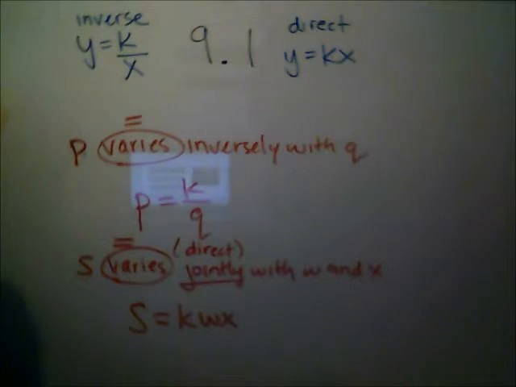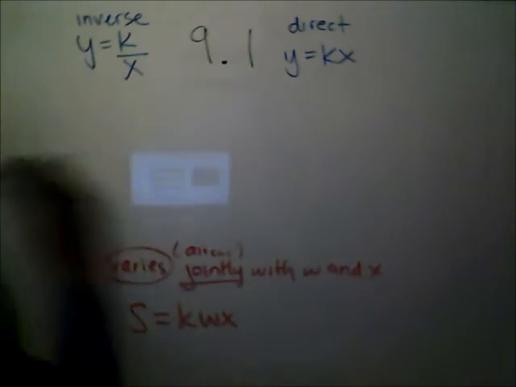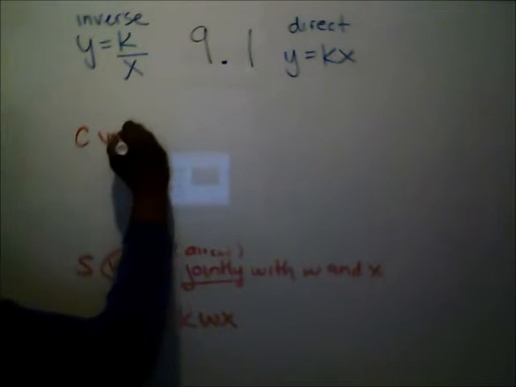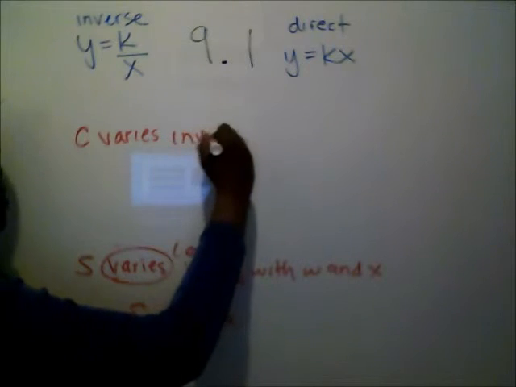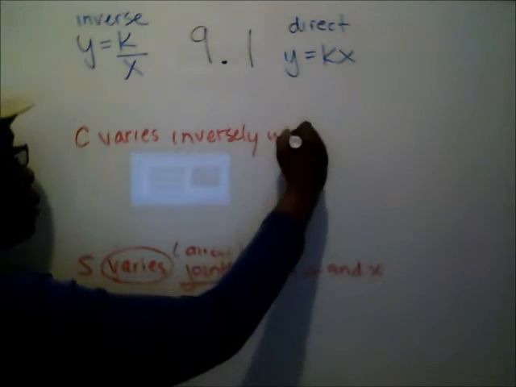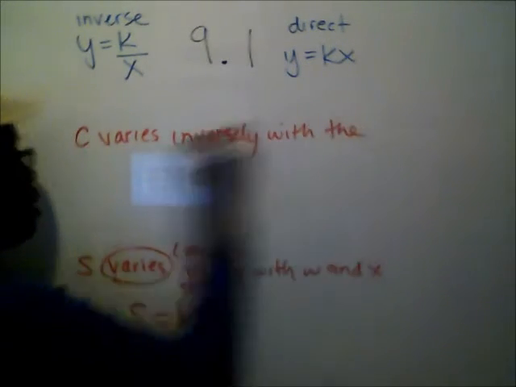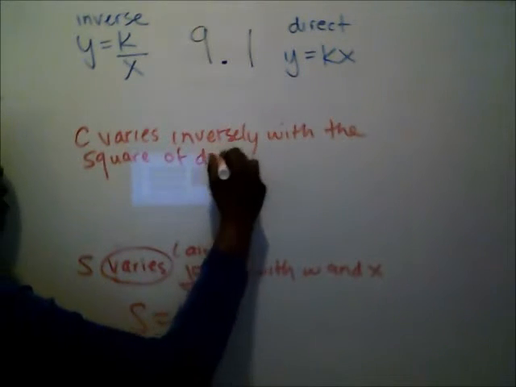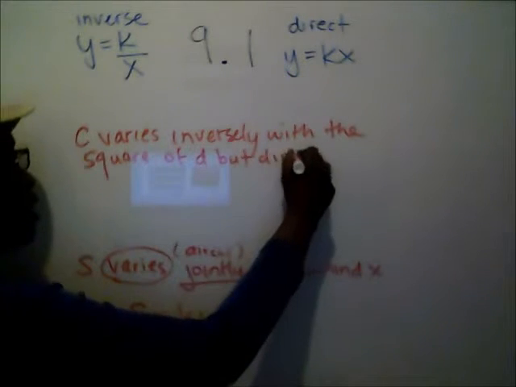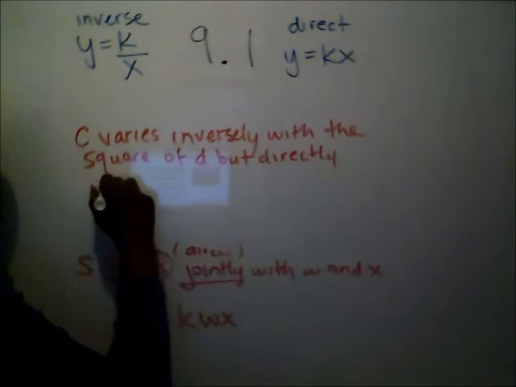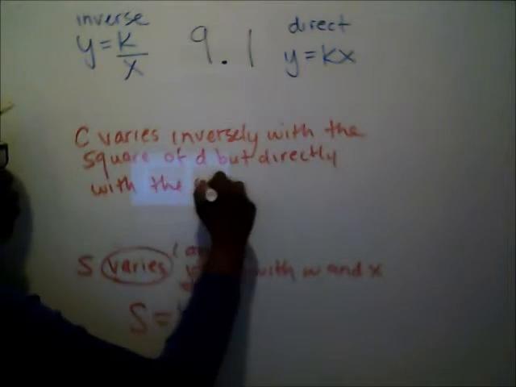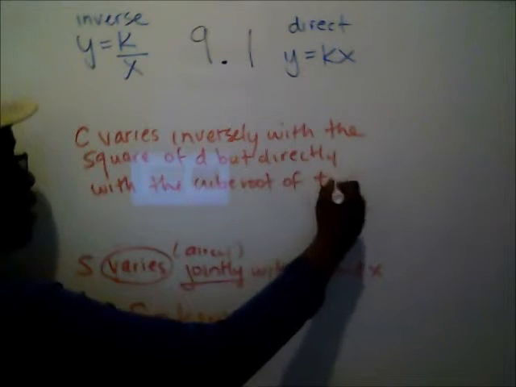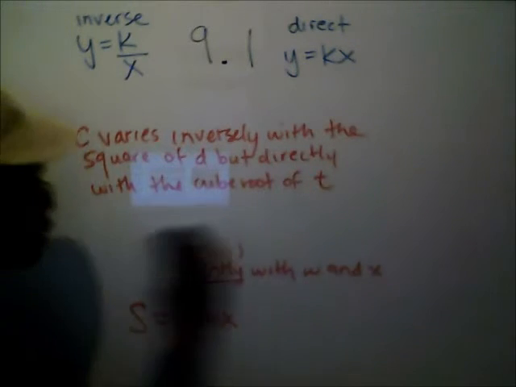Let's say you get something that's a little more complicated. Let's say we get a sentence that says C varies inversely with the square of D, but directly with the cube root of T. Okay, so there's a couple things that we want to point out.